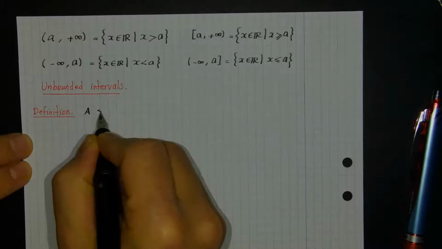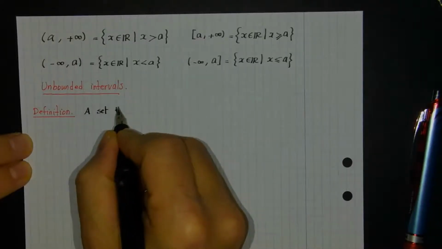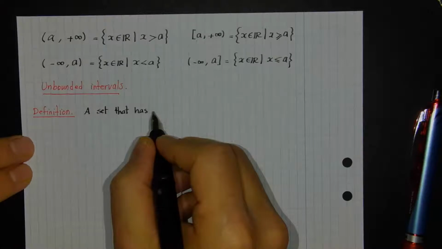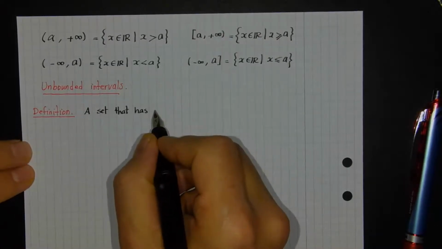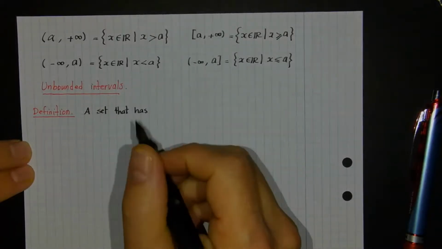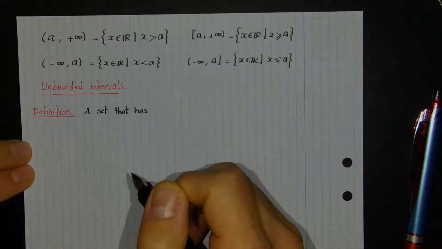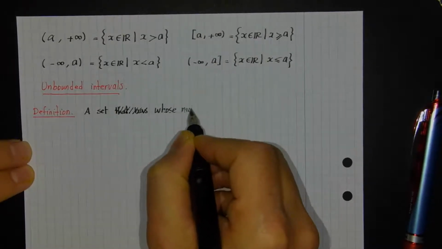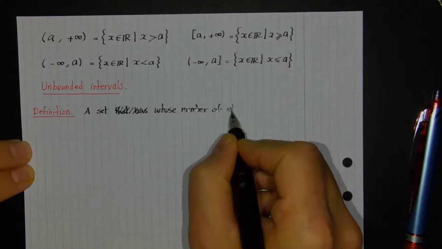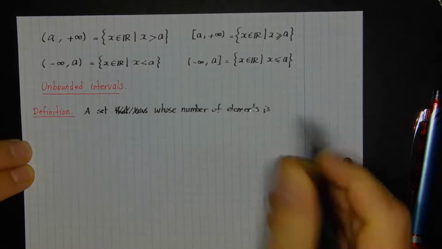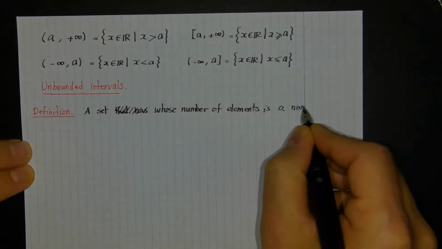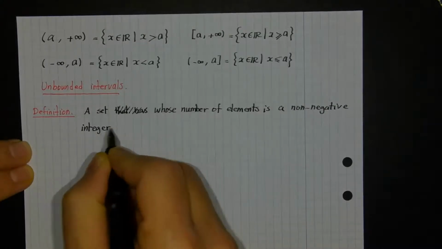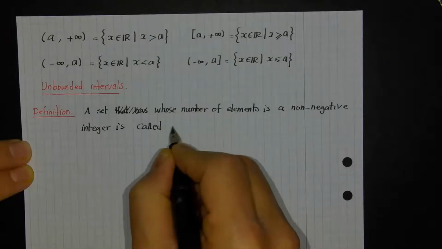A set whose number of elements is a non-negative integer is called a finite set.